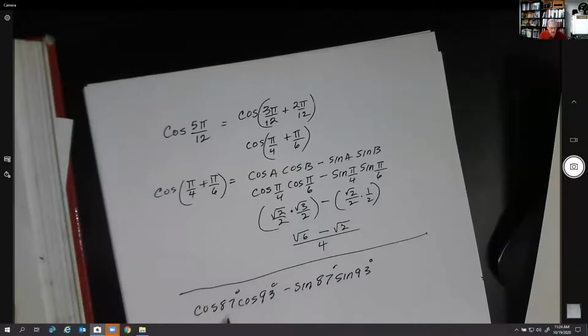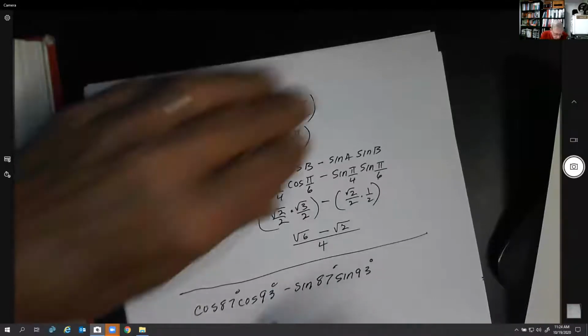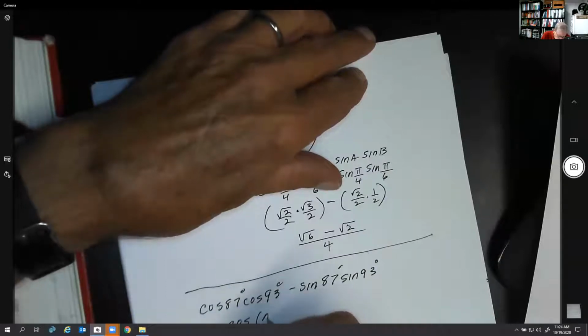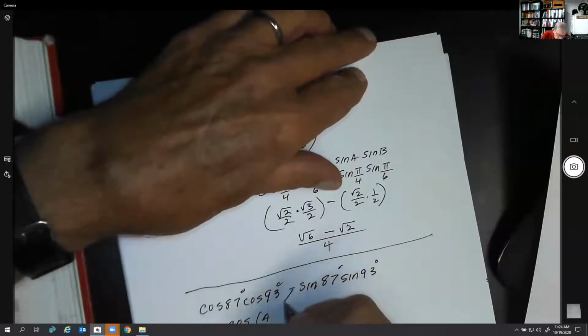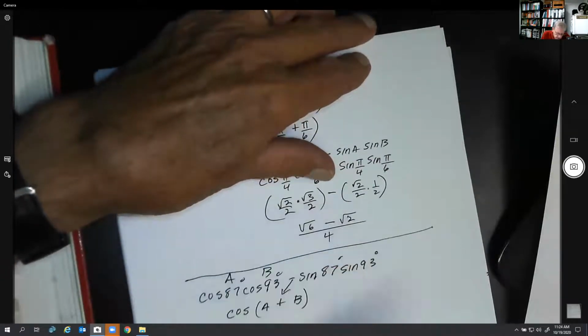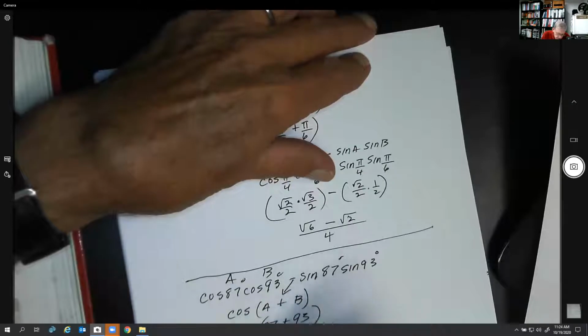So we see it's a cosine, cosine, sine, sine. So when we put it back in, we notice this is going to be cosine of A plus B. So this is A and this is B. So this is simply the cosine of 87 plus 93.